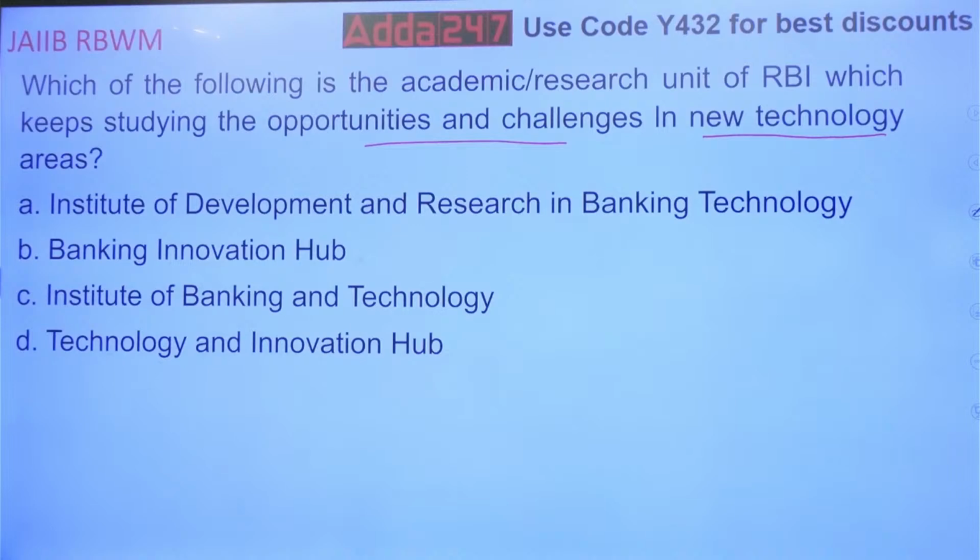Let's think over it. Many of you might be thinking technology word is there, so the answer will be C or D, Institute of Banking and Technology or Technology and Innovation Hub. Many of you might be thinking that only.